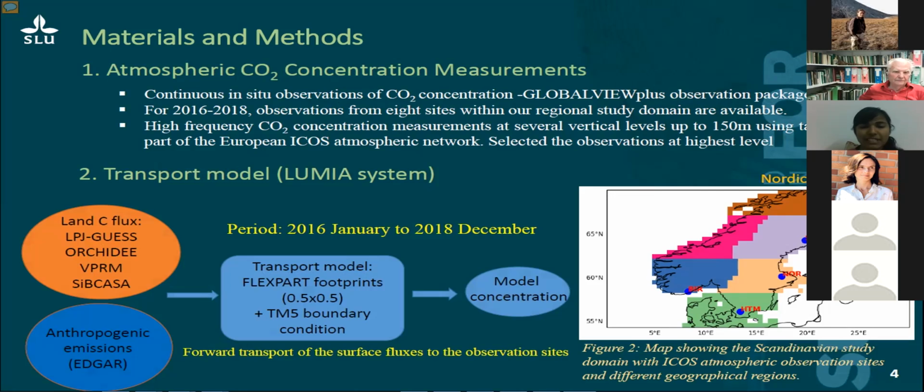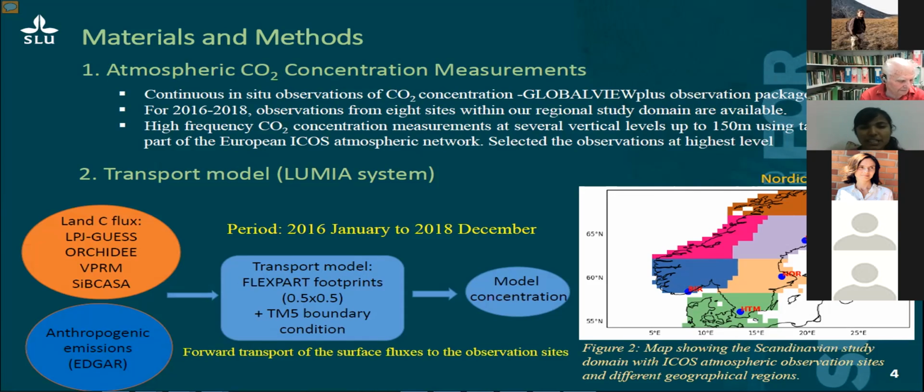And now we have a transport model called the Lund University Modular Inversion Algorithm, the LUMIA system, that connects the fluxes to the concentration. We used the modeled fluxes from the 4 vegetation models I mentioned earlier as the biospheric input to the LUMIA system. Then the anthropogenic emissions are based on the EDGAR inventory.